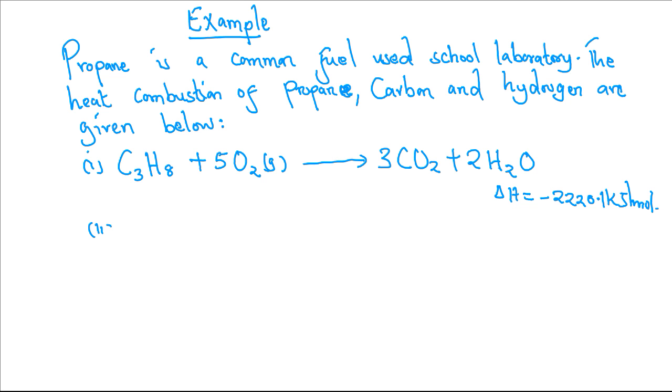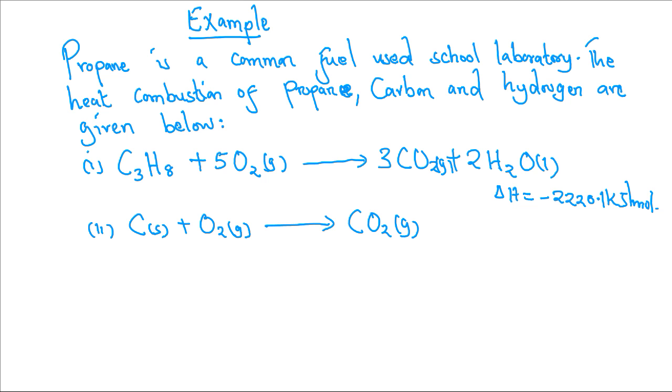The second combustion, carbon plus oxygen gives carbon dioxide gas. That is delta H is equal to negative 393.5 kilojoule per mole.